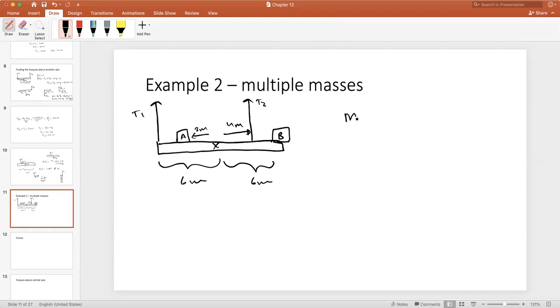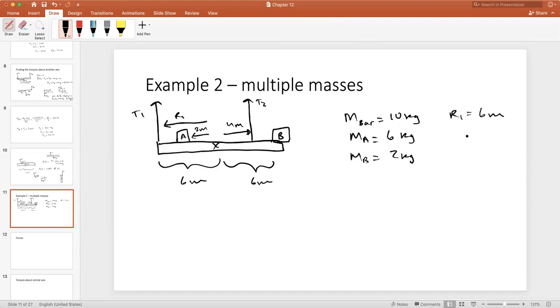I know that the mass of my bar is 10 kilograms. And I know that mass A and mass B are 6 and 2 kilograms, respectively. And then I know this distance, I'm going to call R1. So R1 will be 6 meters.